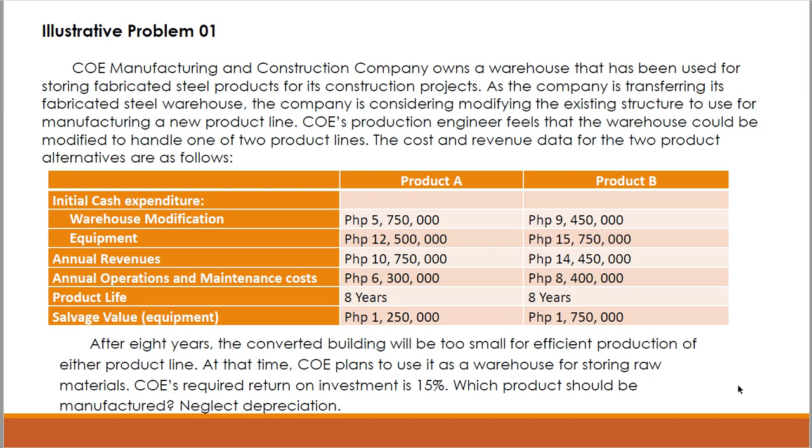So yung warehouse modification natin, wala siyang salvage value because it will be used as a warehouse ulit, or storage house, for the products of COE company. Ang may salvage value ay yung equipment, so hindi na siya needed after 8 years, so ibebenta nila. So meron tayong salvage values dito.